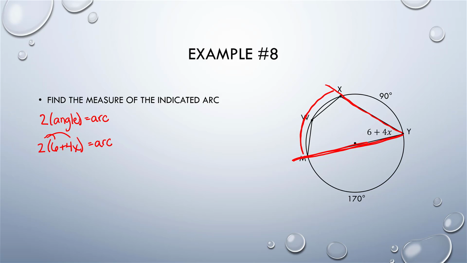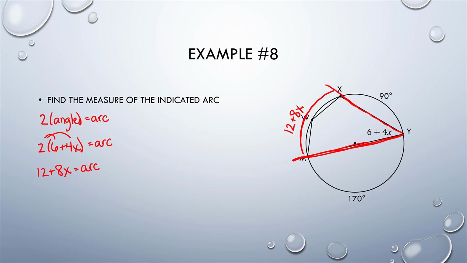Distribute my 2. So the measure of my arc is 12 plus 8x. And we don't know x yet. But we do know that it's 12 plus 8x. But once we do know x, we'll be able to find the arc.